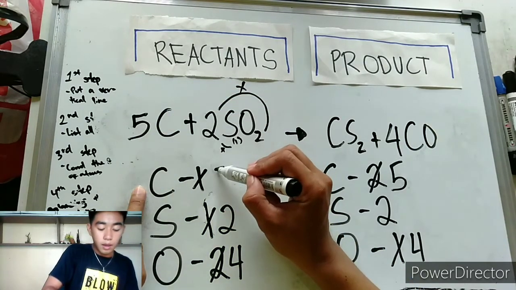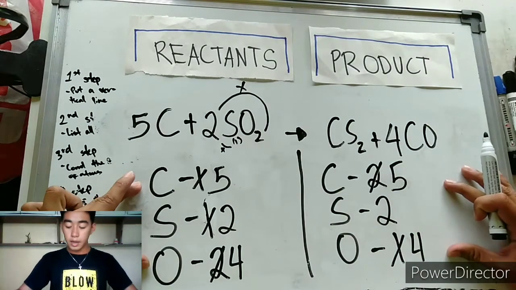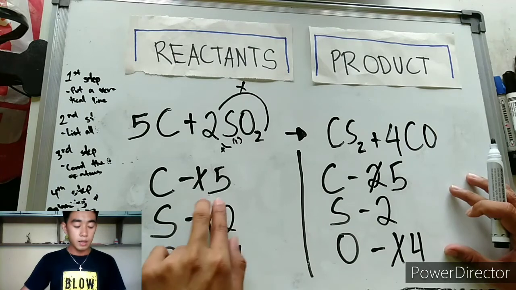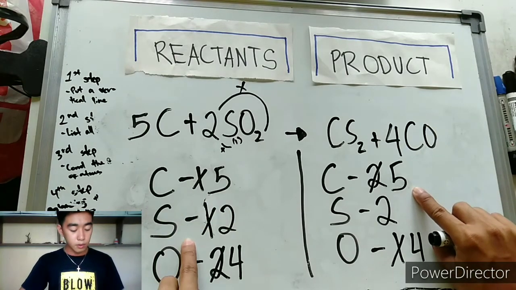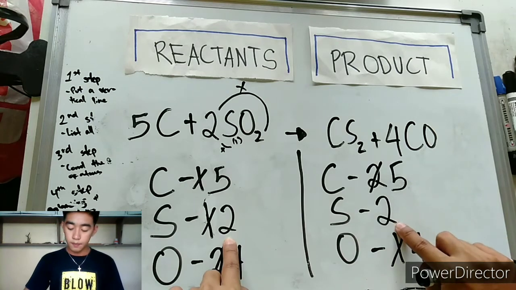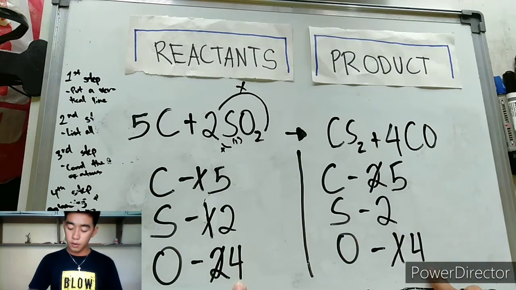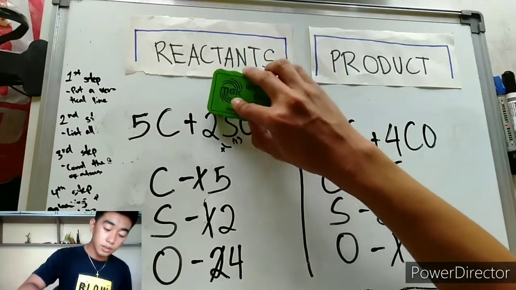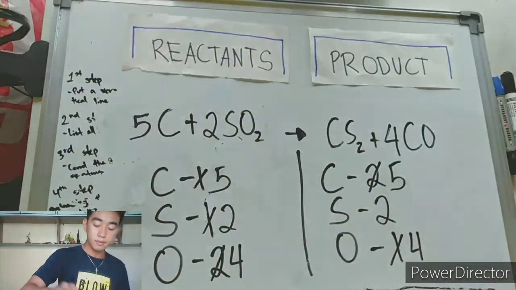So we have 5 atoms of carbon. Now kung makikita natin, balance na sila. For carbon, we have 5 atoms here, 5 atoms here. For sulfur, we have 2 atoms here, 2 atoms here. And for oxygen, we have 4 atoms here and 4 atoms here. So ganyan lang natin siya sasagutan.